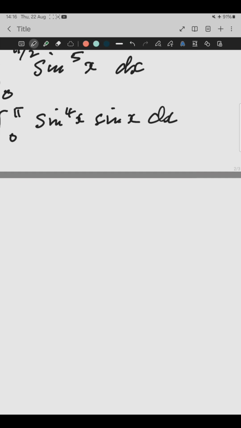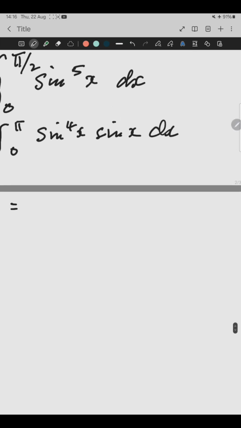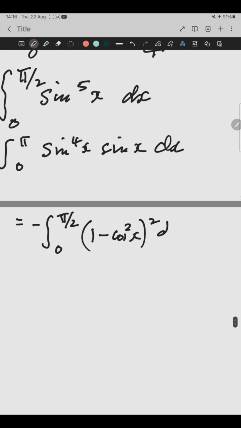So we'll now write that as minus the integral from 0 to pi upon 2 of 1 minus cos squared x all squared d of cos x.